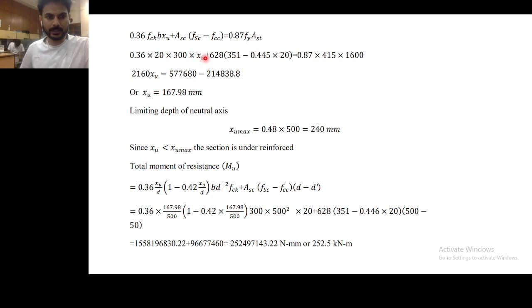Directly putting it, we will get the neutral axis. So this is the neutral axis. This formula you guys can directly remember. This is for the doubly reinforced beam.